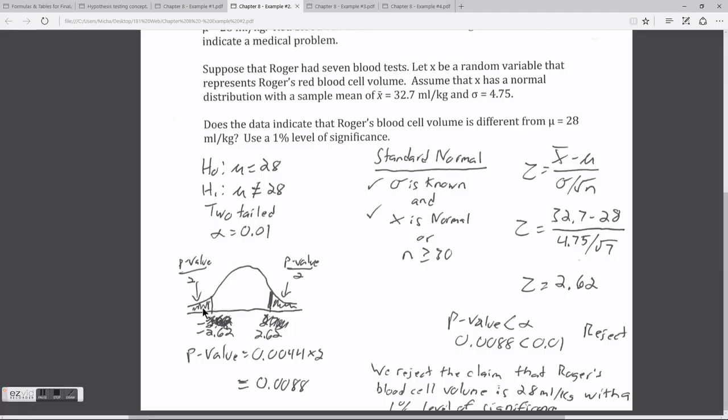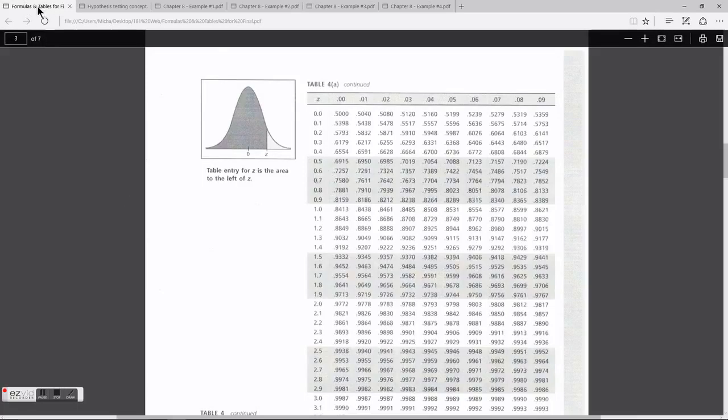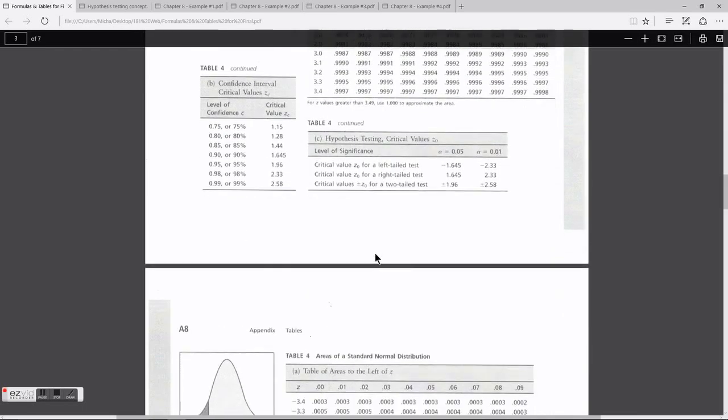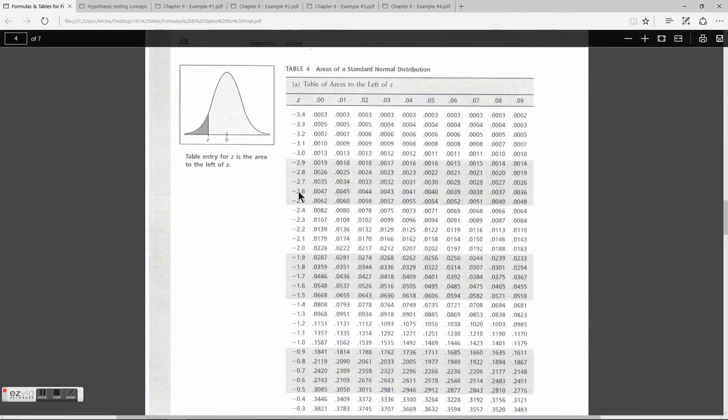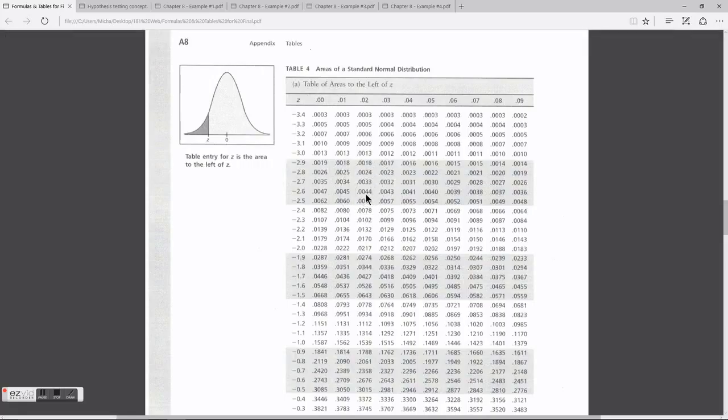The simplest way to get this total, using my normal table, since my normal table only lists areas to the left of z-values, I'm going to look up the negative 2.62, because when I look up this z-value, I'll get this area directly. So if I go to my normal table and go to negative 2.62, I see I have a value of 0.0044.